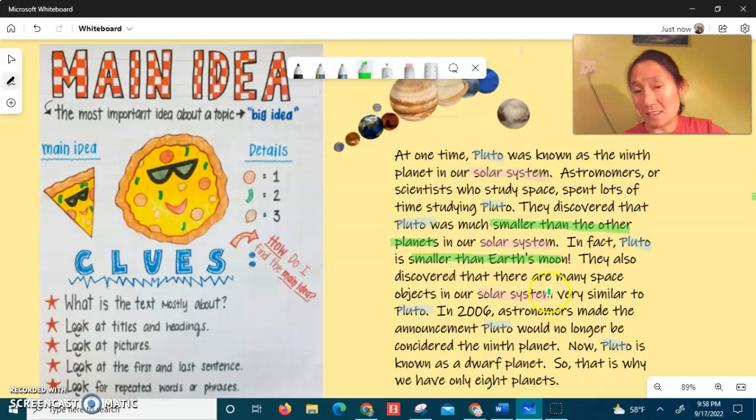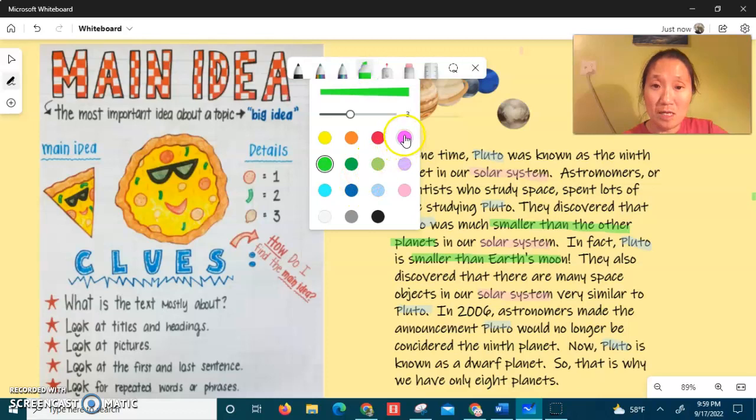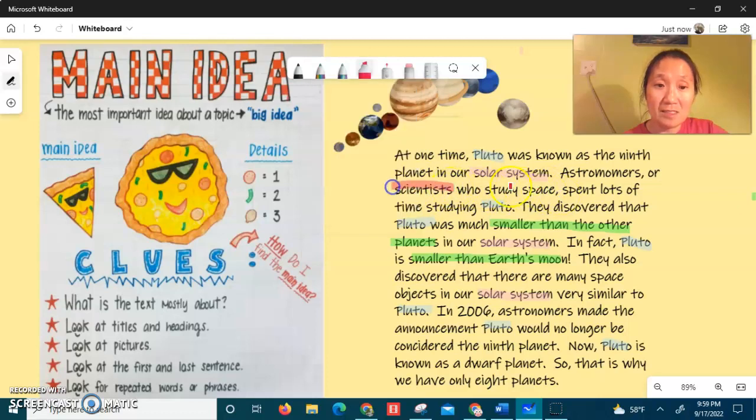And scientists. We know that scientists do something with Pluto. So, let's highlight Pluto, scientists. Scientists. So, we have scientists and astronomers. And we have some more planets here.